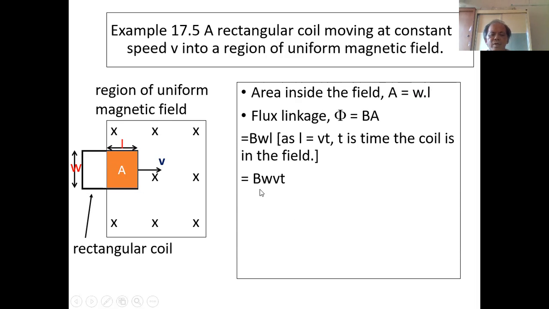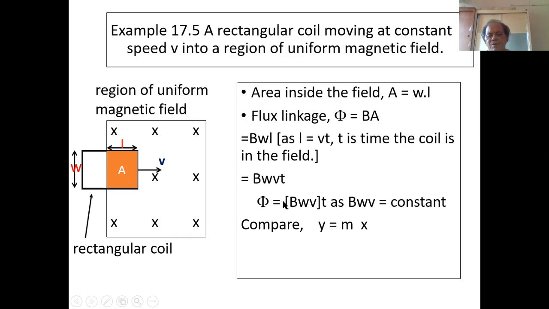So if we look at this equation, your flux linkage, B is constant, W is constant, V is constant, it depends on time. So it's basically y equals mx plus c, y equals mx. Compare: this is your gradient, that's your x, that's your y.